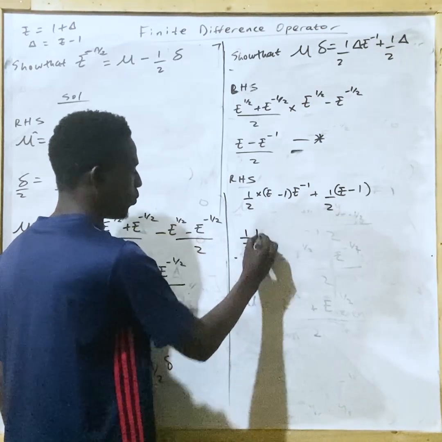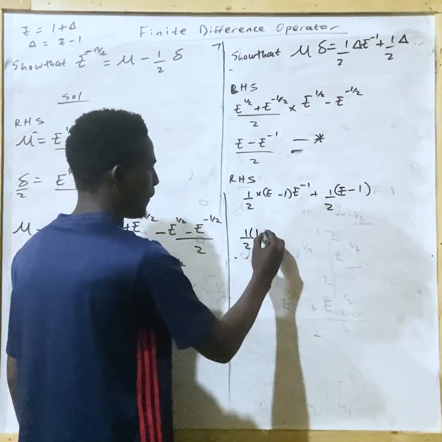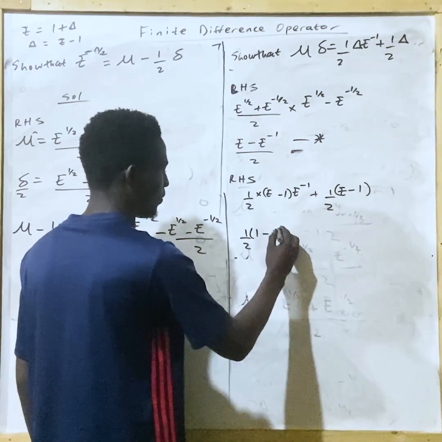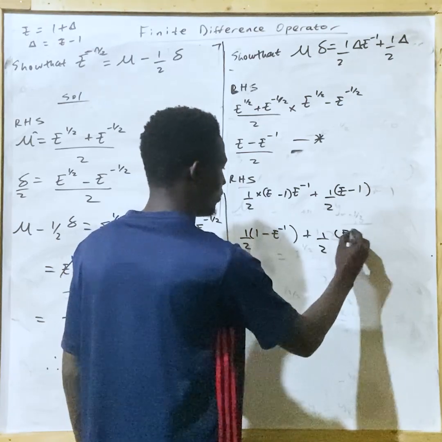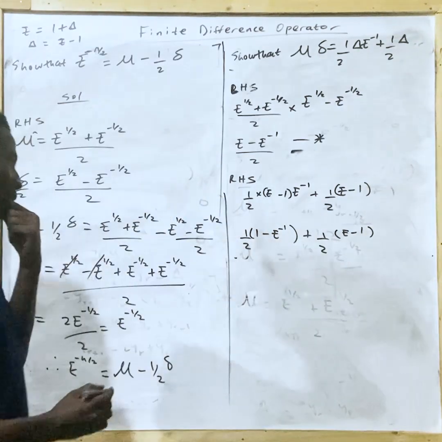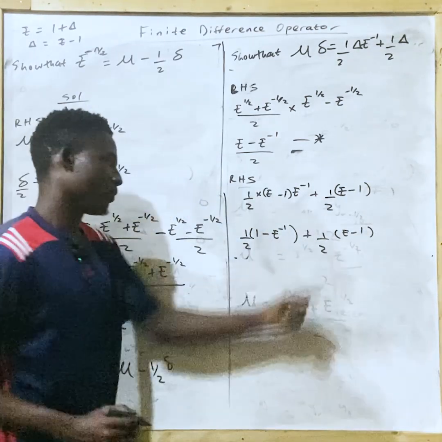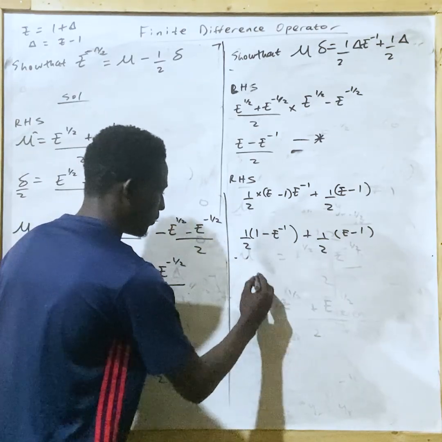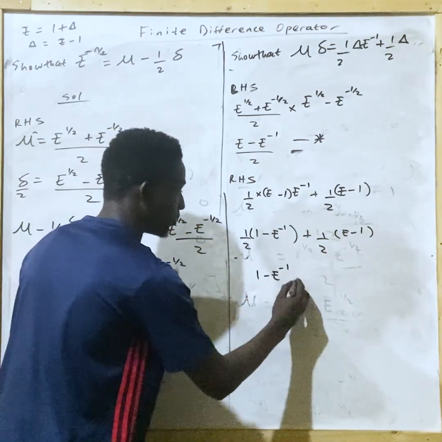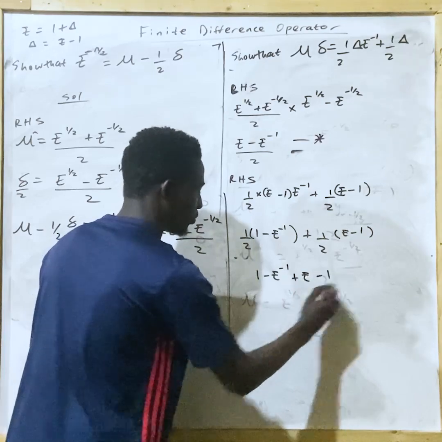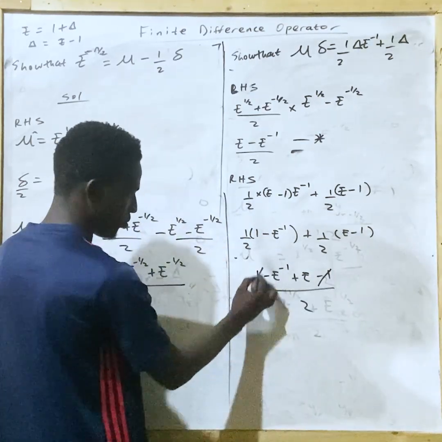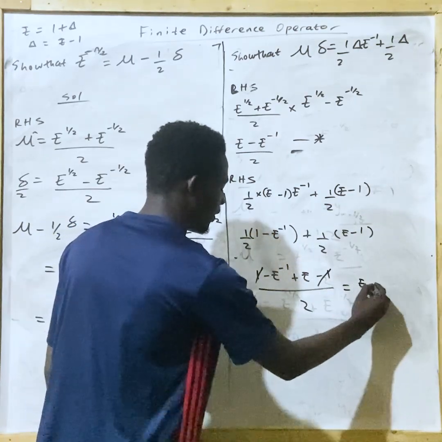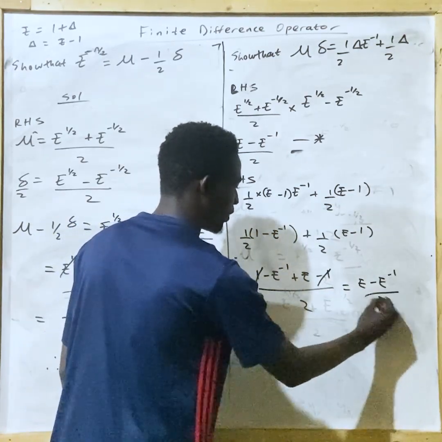Multiplying this, you'll be having 1 over 2 times E times this, that will be 1 minus E raised to power minus 1, plus 1 over 2 E minus 1. Half is common, so you have 1 minus E raised to power minus 1 plus E minus 1, everything over 2. This can cancel this, so I have E minus E raised to power minus 1 over 2.